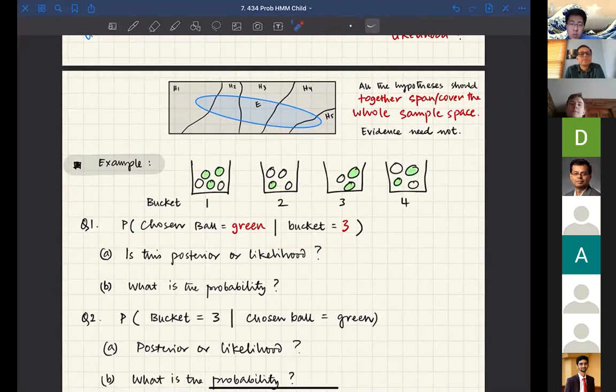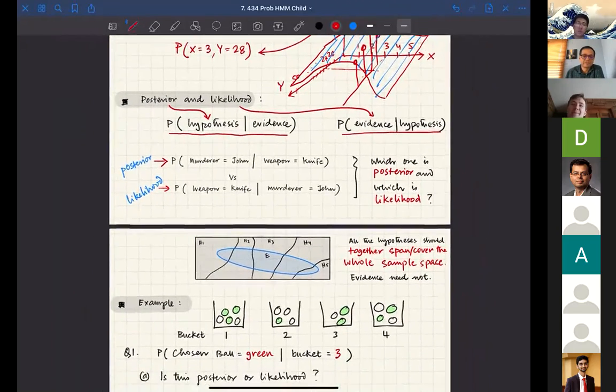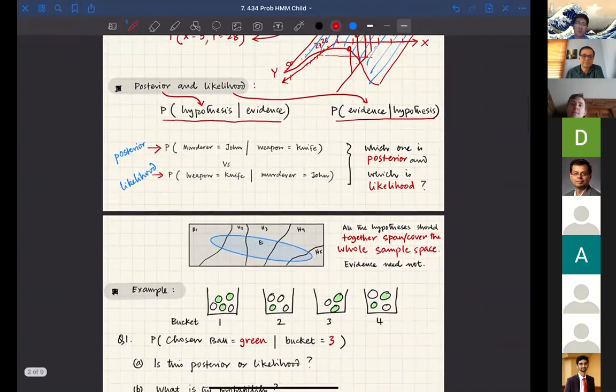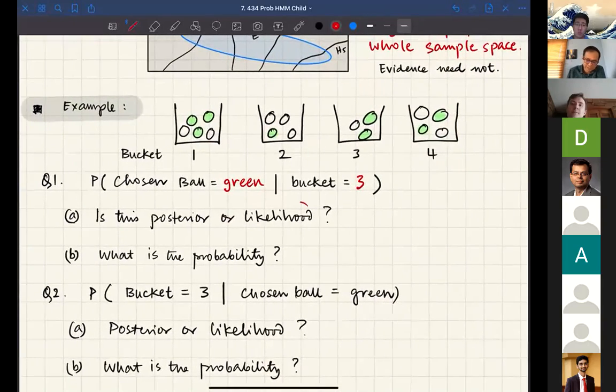Because the hypothesis, well, the buckets here, there are only 4 possible buckets, so they would be like the sample space. Fantastic. So therefore, what is this, posterior or likelihood? I have like the memory of a bird. Okay, so I guess since I said that the buckets were the hypothesis, it would be likelihood. Excellent. This is a likelihood. You got it.